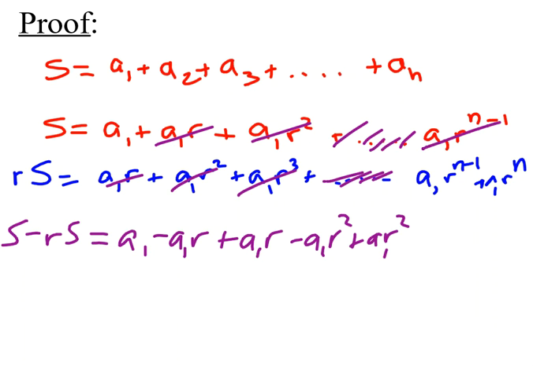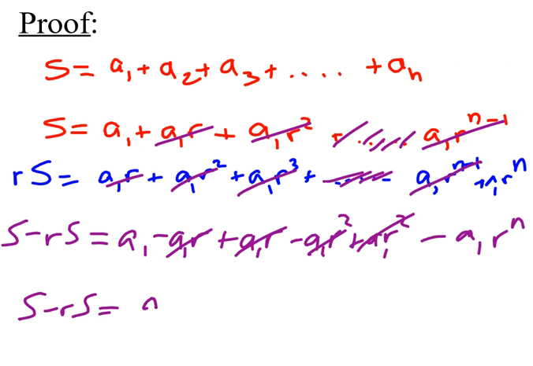And then a1r to the n minus 1 and this a1r to the n minus 1 cancel. So these are all canceling, and we're left with minus a1r to the n. So S minus rS is a1 minus a1r to the n.